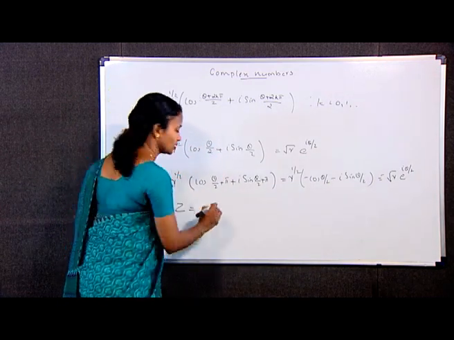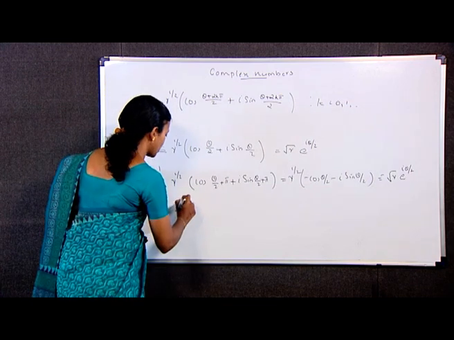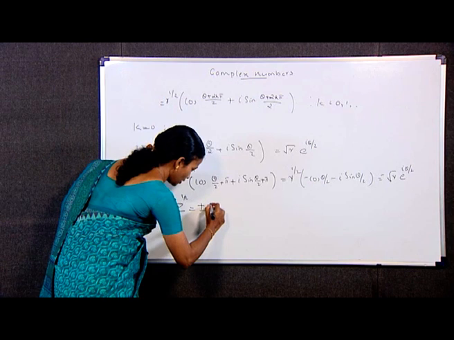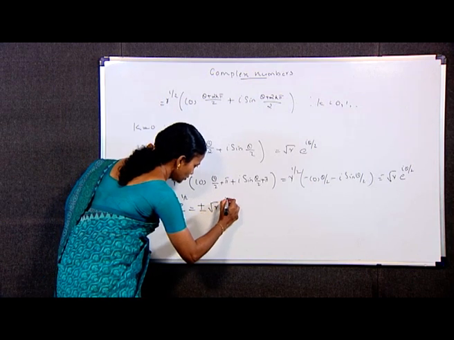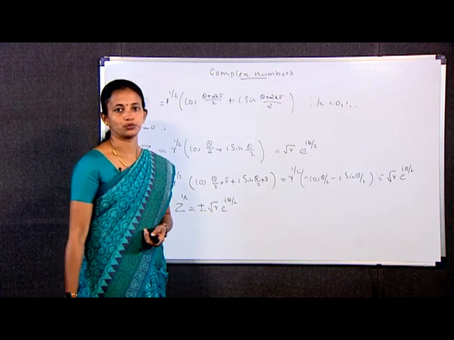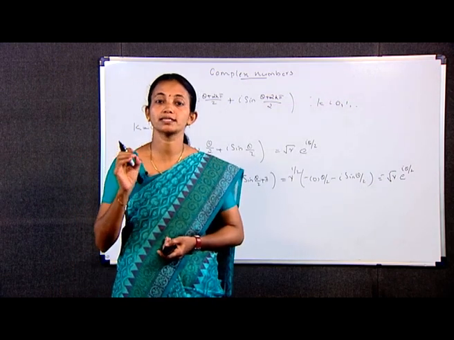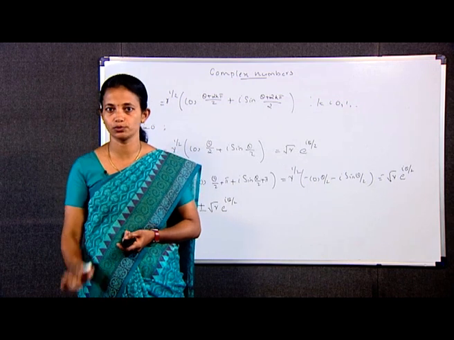That is, we have two values, z^(1/2) = ± √r e^(iθ/2). But we make z^(1/2) a single valued function as follows.